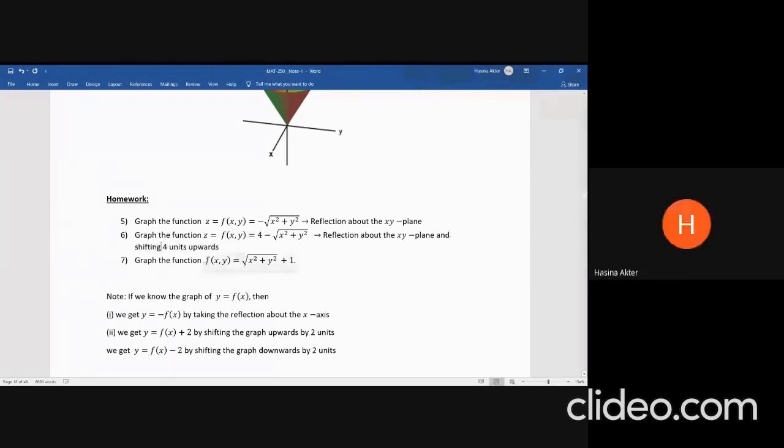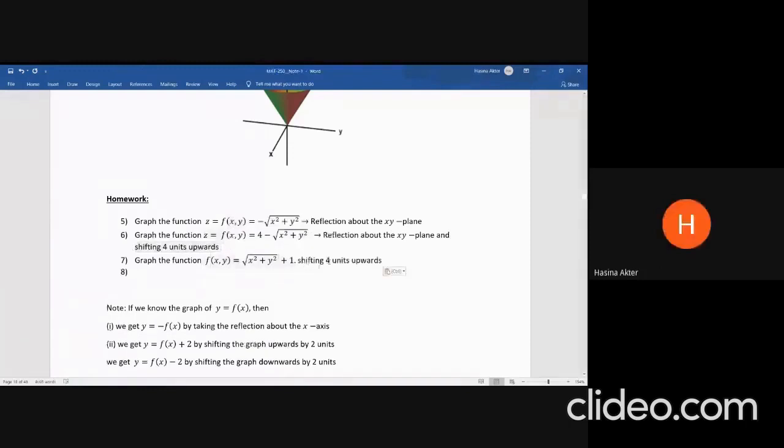And what about this one? 1 unit along the z-axis. Don't do anything else, just shift 1 unit upward, right? All good? Do you have a question?